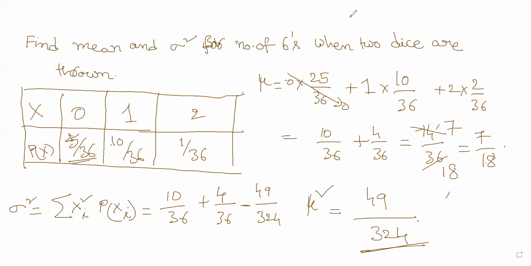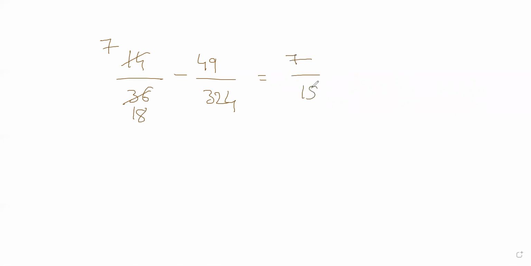So it is 14 by 36 minus 49 by 324. Here we can do something. 2 7s and 2 18s, so it is 7 by 18 minus 49 by 324. Now I write 18 into 18 into 7, minus 7 into 7, divided by 324.